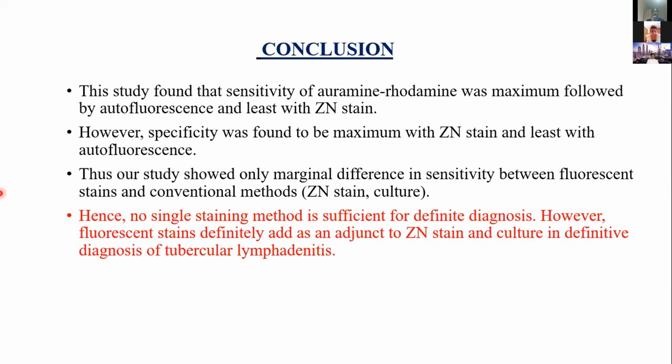Our study showed only marginal difference in sensitivity between the fluorescence stains and conventional methods. Hence, no single staining method is sufficient for definite diagnosis. However, fluorescent stains definitely add as an adjunct to ZN stain and culture in definitive diagnosis of tubercular lymphadenitis.